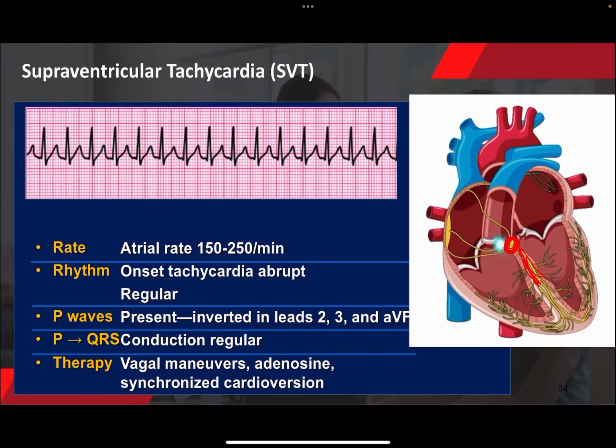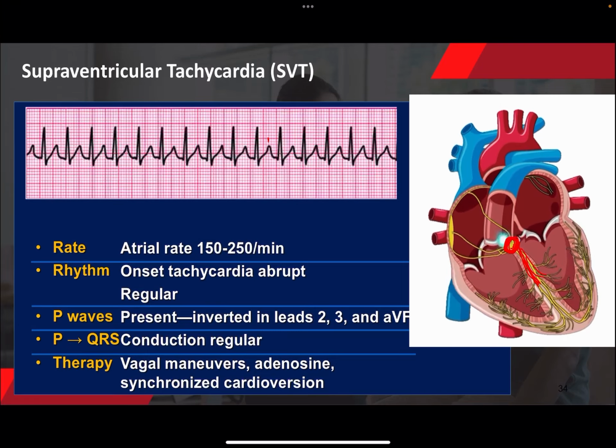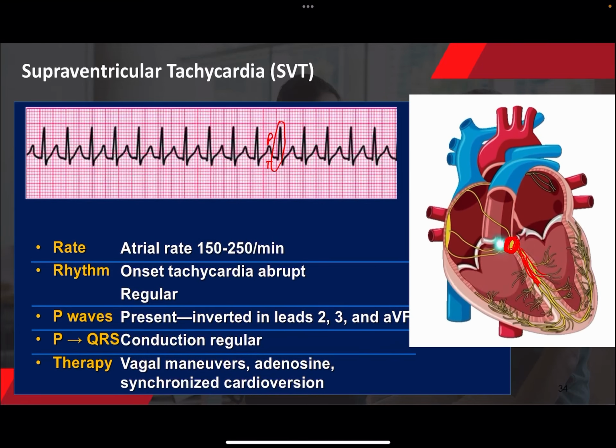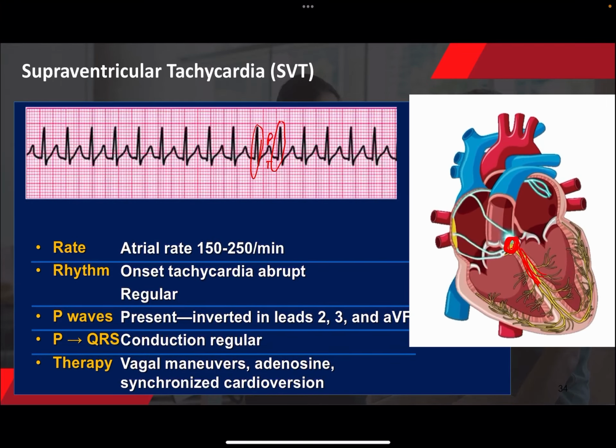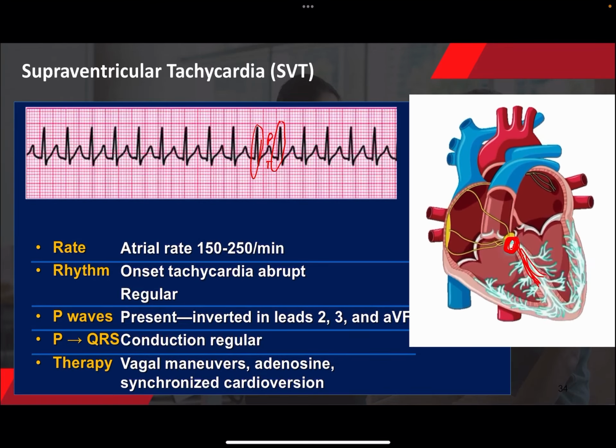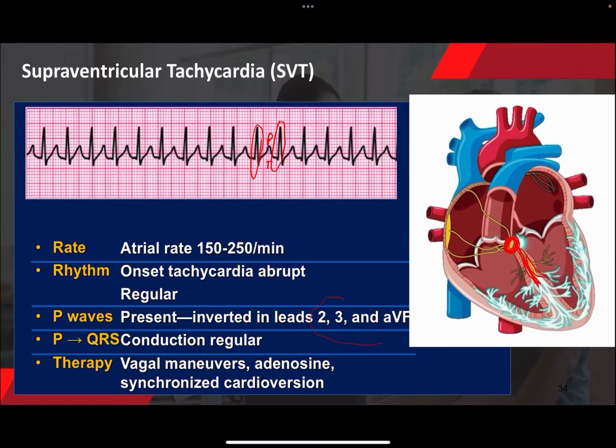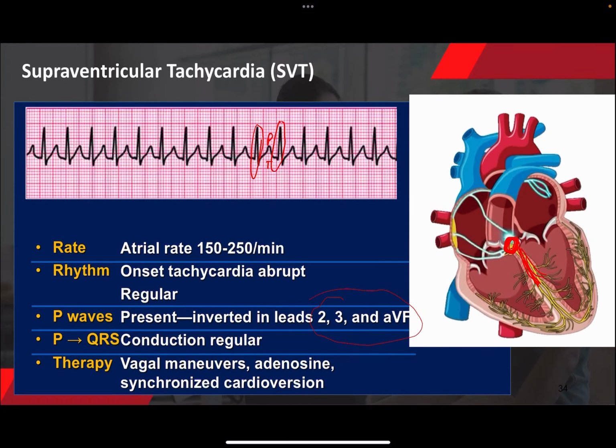There's no time to recuperate, so it's like it's overlapping. We don't know if this is a P for this QRS or a T for this QRS. But there should be P waves there. They are inverted in leads 2, 3, and aVF. You will be able to see that as well.